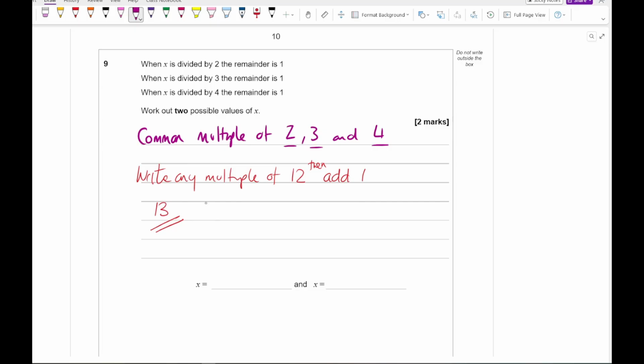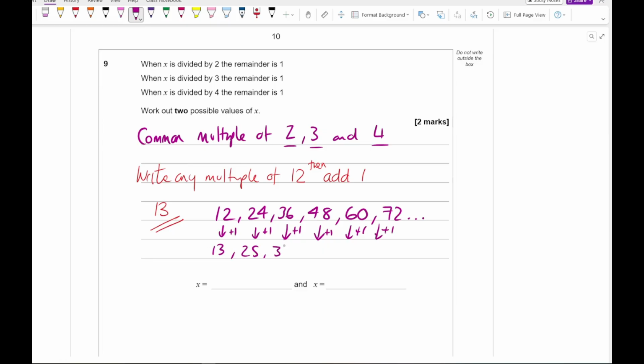So let me just write down the multiples of 12. 24, 36, 48, 60, and 72, etc. And if I just simply add 1 to each of these, then what I get is 13, 25, 37, 49, 61, 73, etc. So writing any of those two numbers will be fine. So let's just go for 13 and 25.